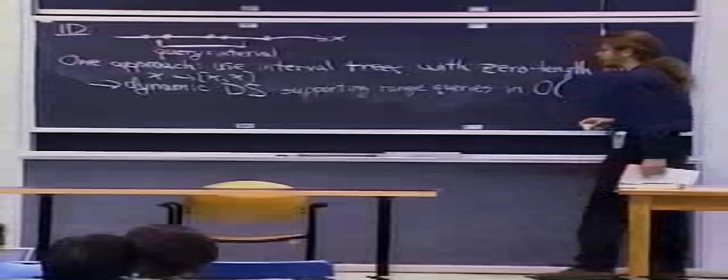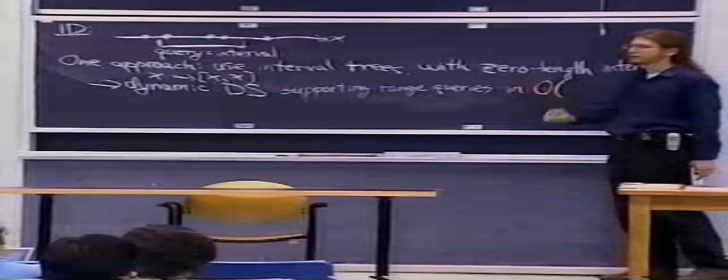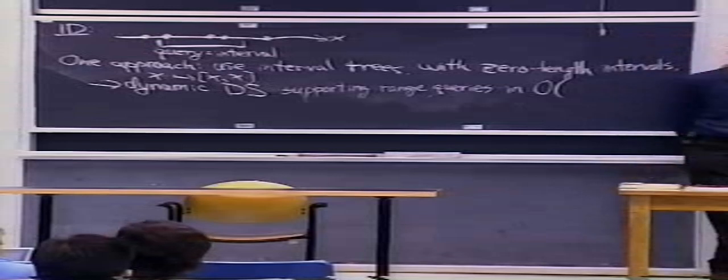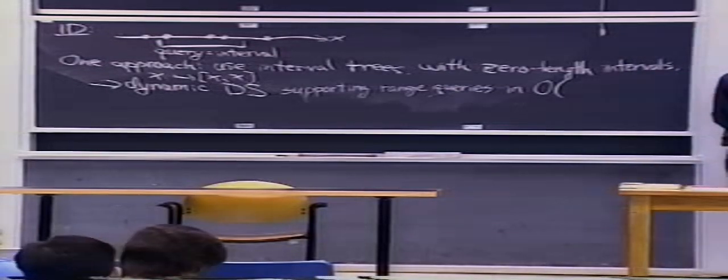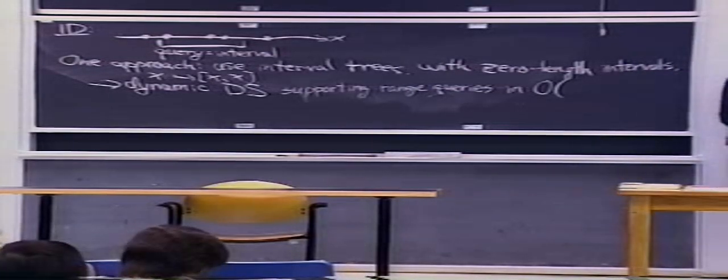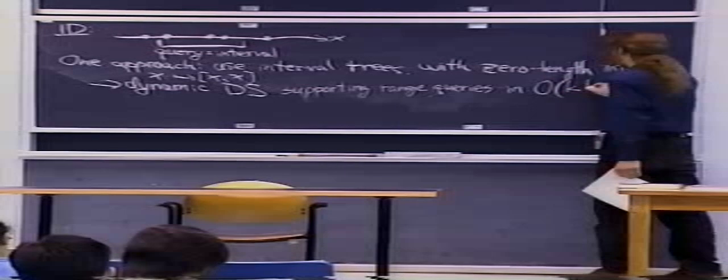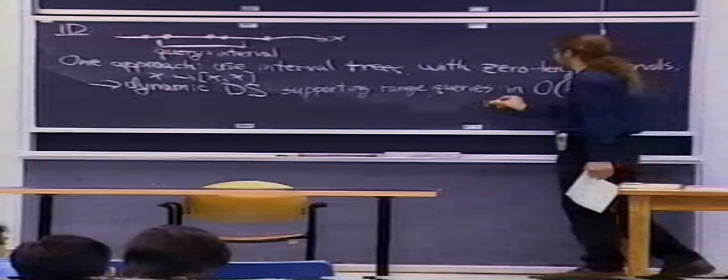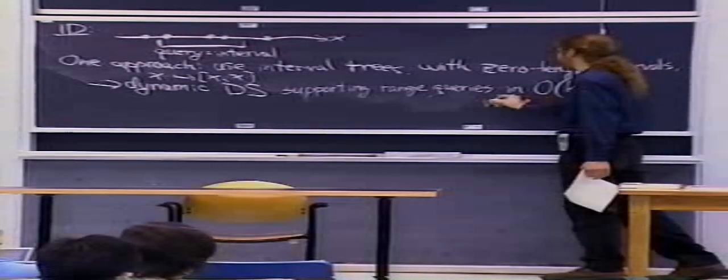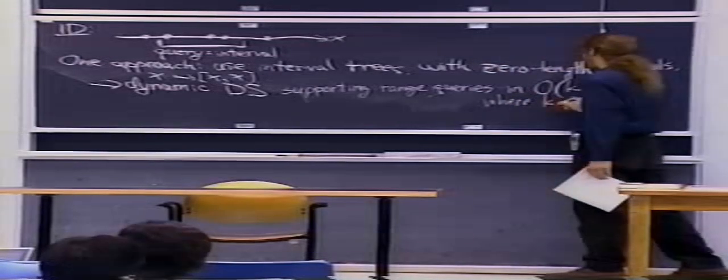Who remembers the running time if we want to find all of the intervals that overlap the given interval for interval trees? Yeah? K log n, where k is the number of intervals, or the number of points we get. So k is the size of the answer.